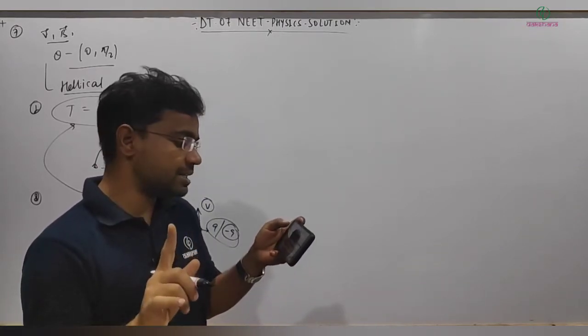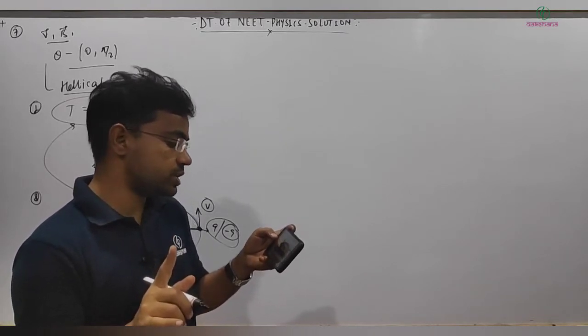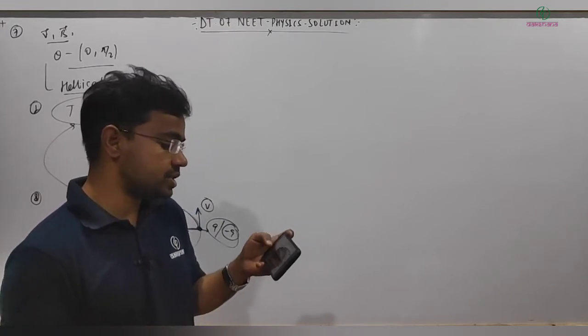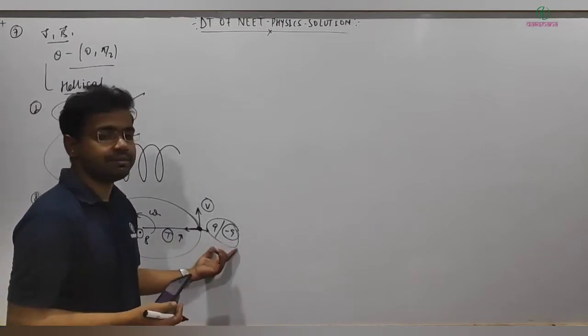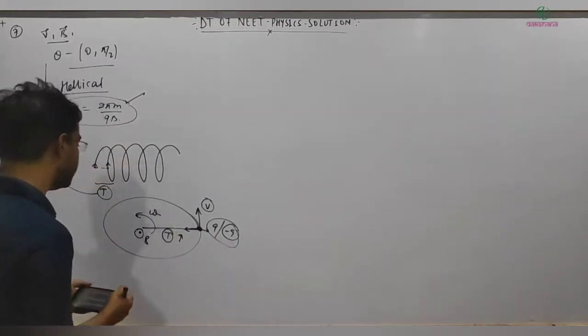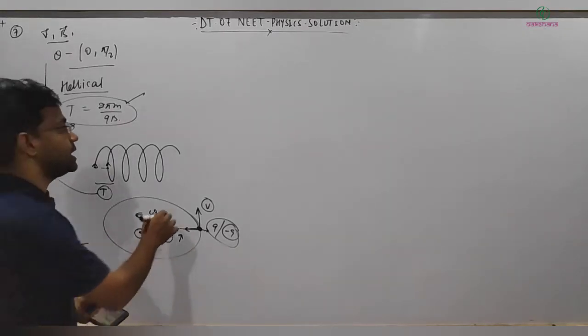If the charge had been mentioned, then definitely we could have answered whether it increases or decreases. Because the charge is not mentioned, it may increase or decrease. So the answer will be the fourth, depending on the charge on the particle.